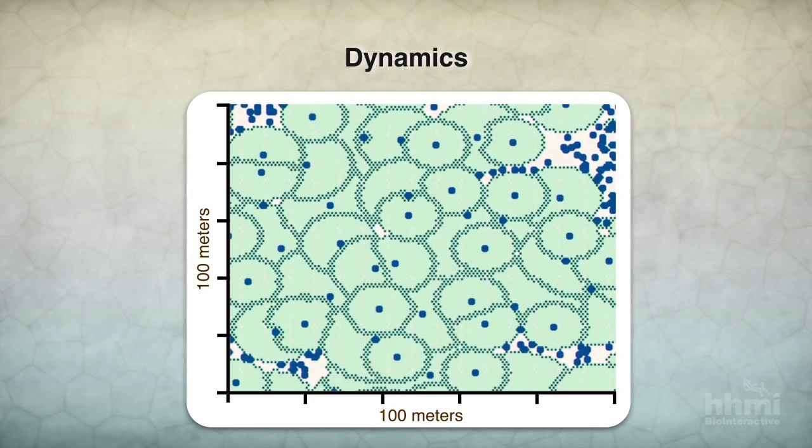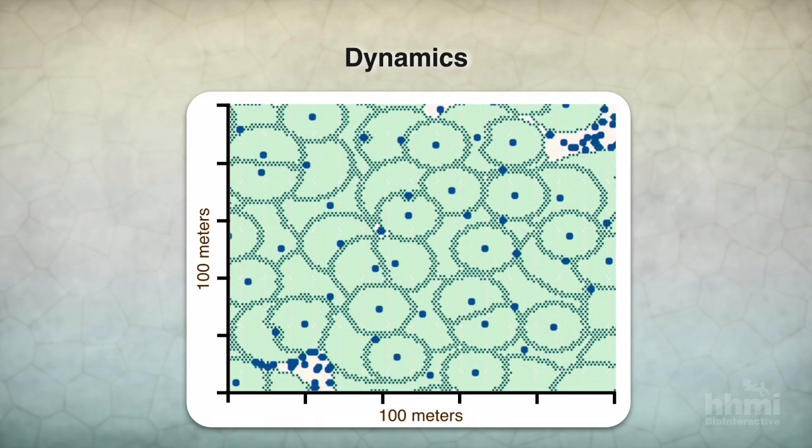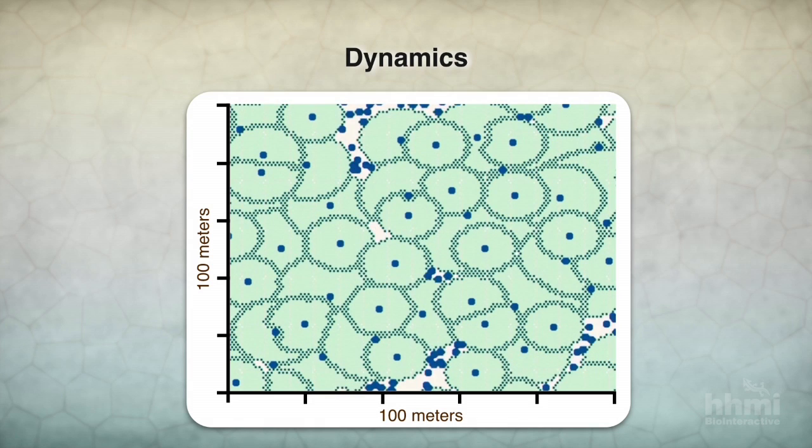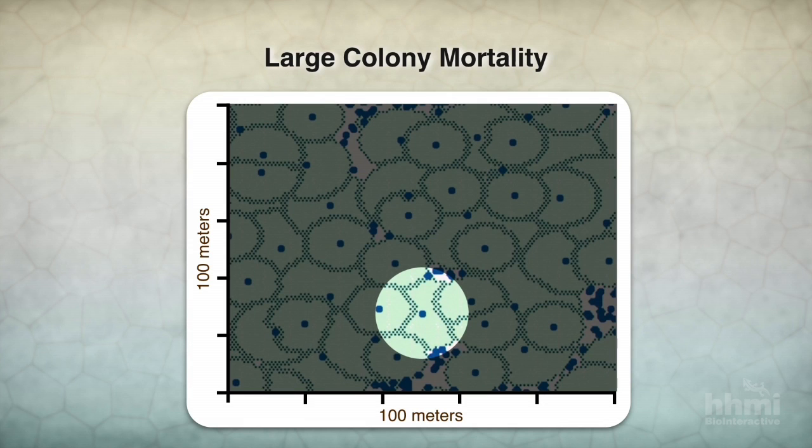We have colonies grow, they reproduce. When they reproduce and they all grow, they start to come into contact with each other. There's competition that plays a very important role. And then, of course, large colonies also die, not only because of competition. Competition is a really important driver of death in the system, especially for small colonies.